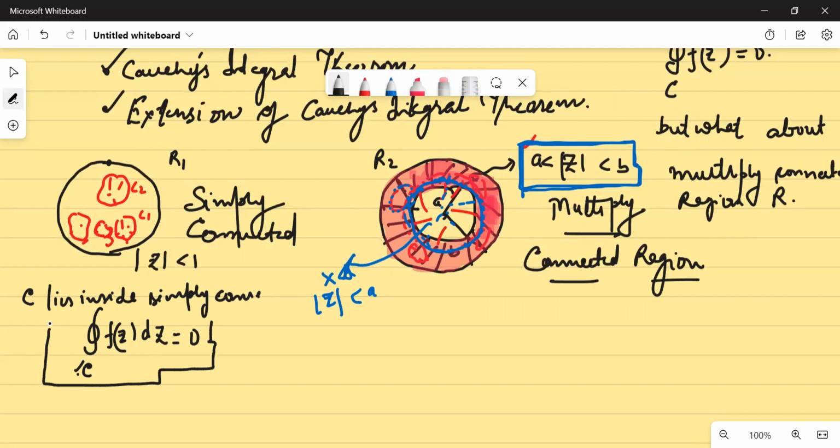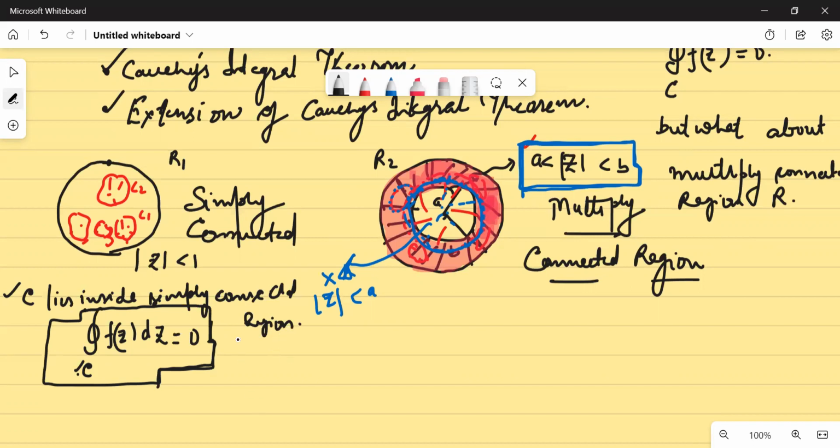Okay, so this we derived yesterday. You can see yesterday's lecture, and you'll find that it's reasonably easy to prove this. So the integration of f(z) dz over this closed curve C, where the curve C lies inside a simply connected region, comes out to be 0.